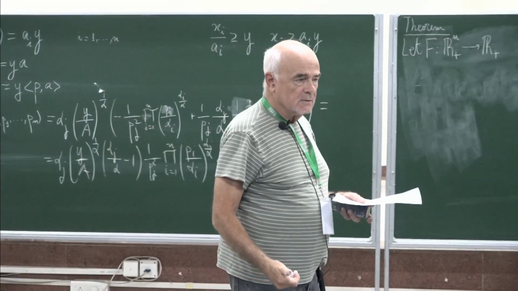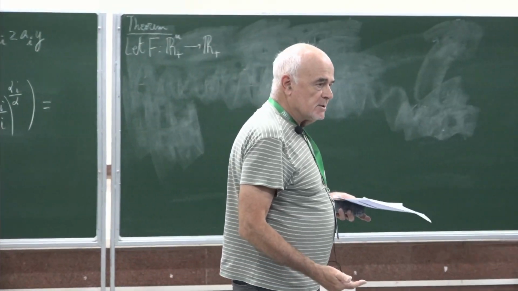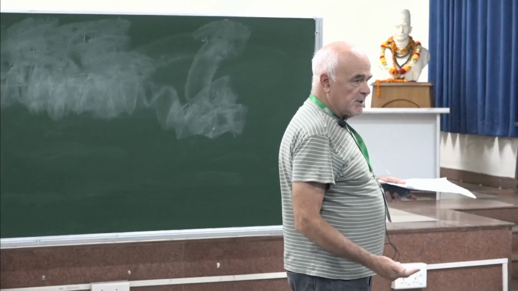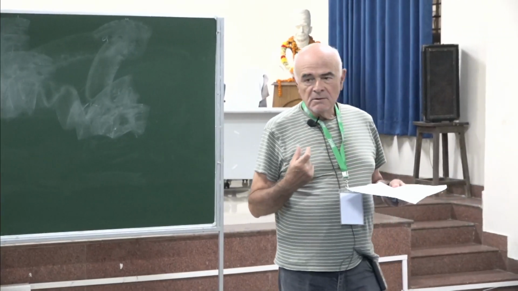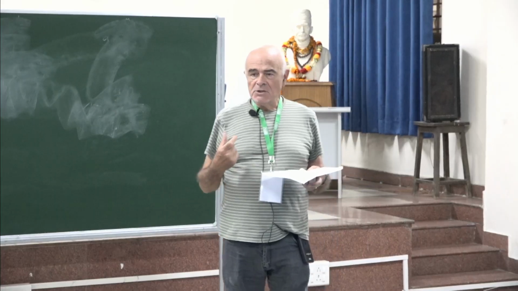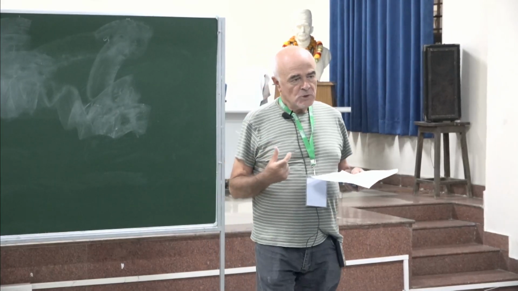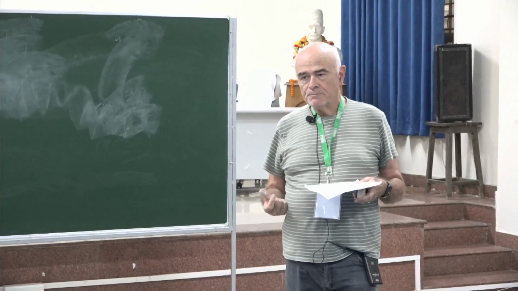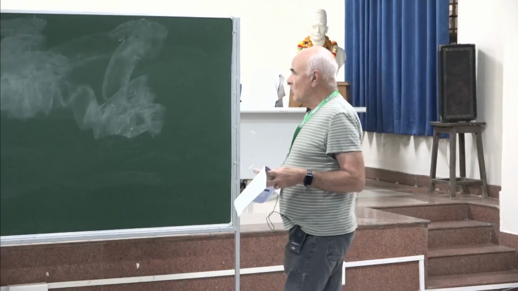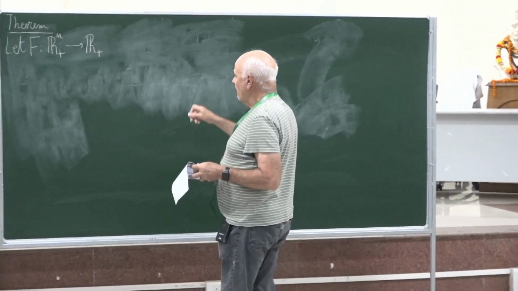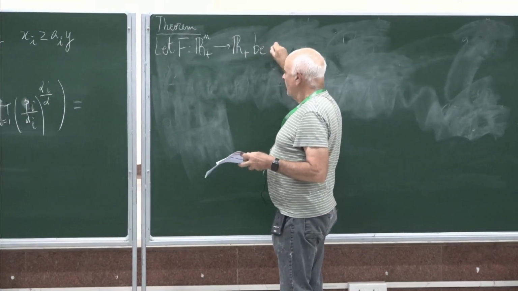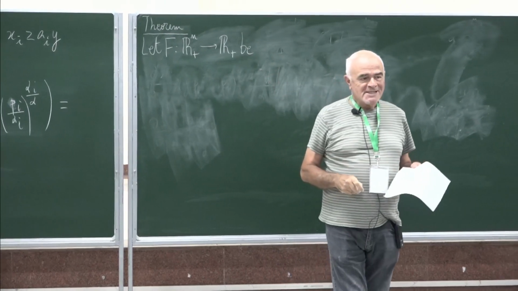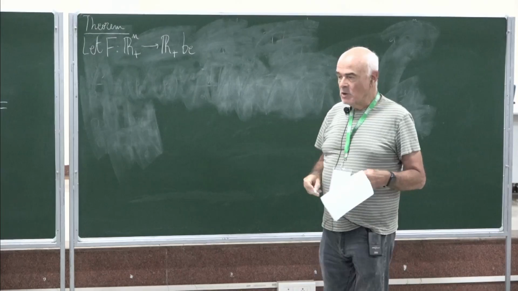Quasi-concavity, non-decreasingness, and upper semi-continuity. Now we will make slightly stronger assumptions, which will be sufficient for the differentiability of the cost function. Instead of quasi-concavity, I will assume strict quasi-concavity.